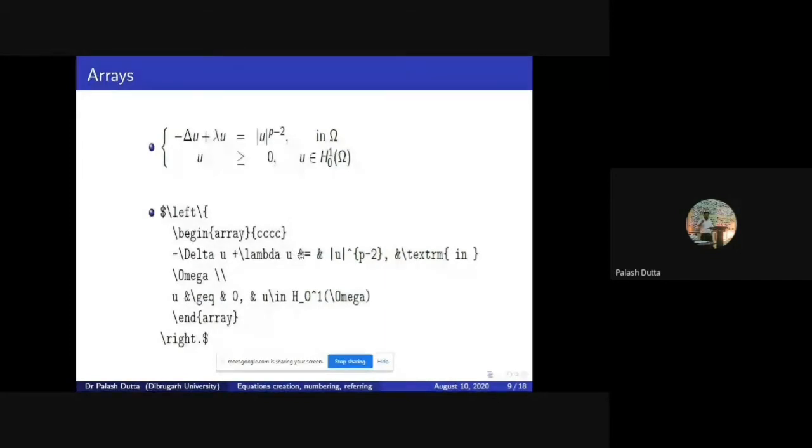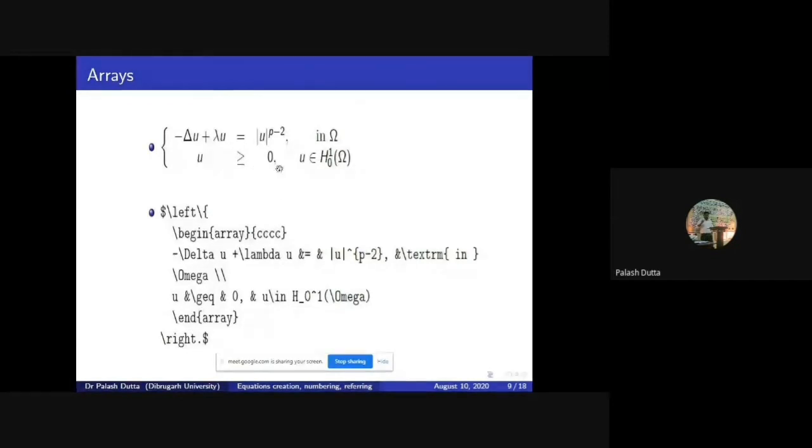In the next column, the equality will come. Then again we write n, which means in the third column it will be the modulus of u to the power p minus 2, right? And again we write n. In the last column we can write text rm in, which means in omega. So in this way we can write this expression.